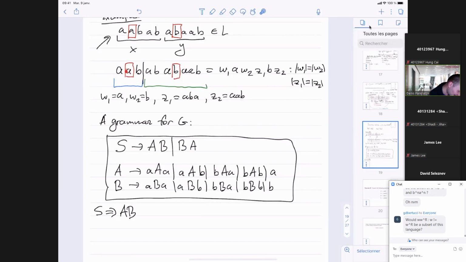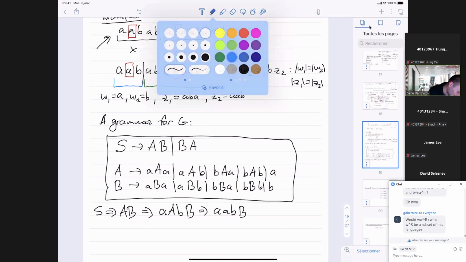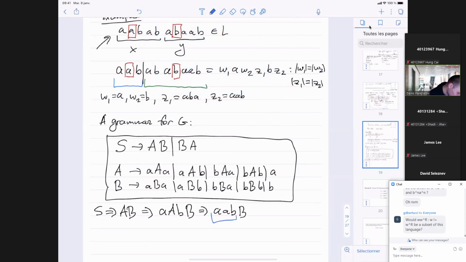So I want A to be surrounded by A on the left, B on the right. Well, I have such a transition from A, so I apply that rule. I go like this. And then I place A in the middle. So I get A, B, followed by B. Now I have generated this blue portion, which is exactly the same blue portion as here.